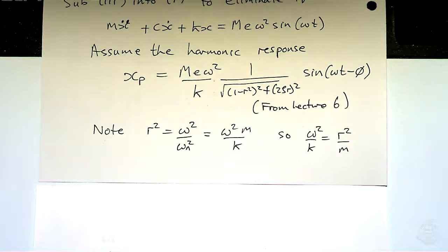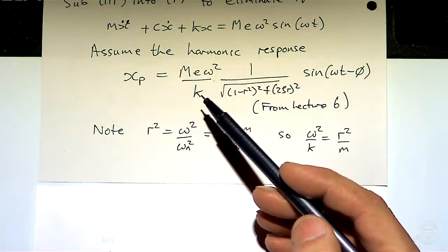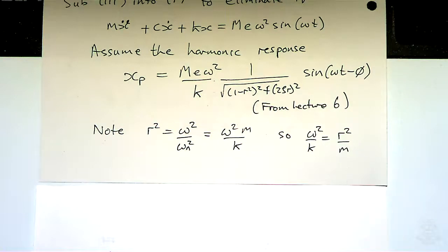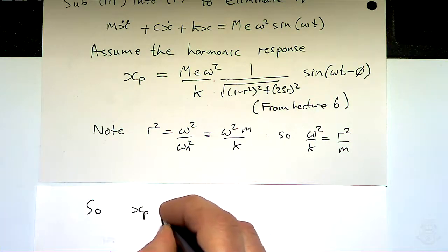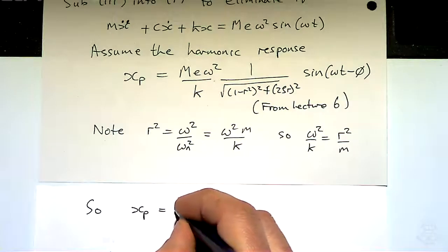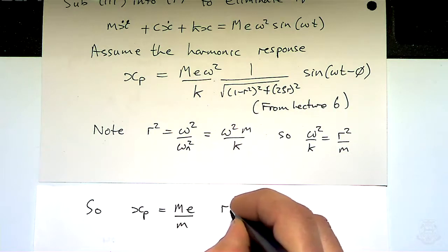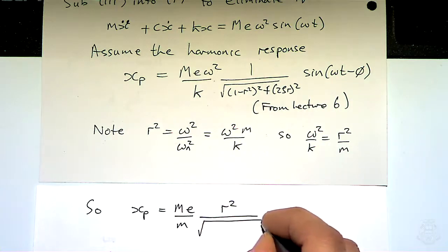So in this expression we can take omega squared over k out and replace it with r squared over m. So we get this.